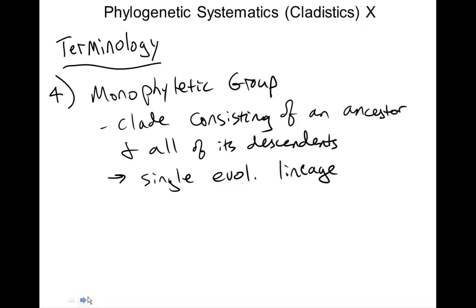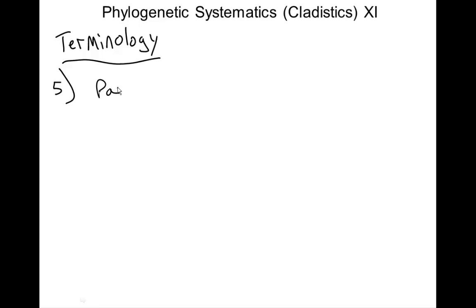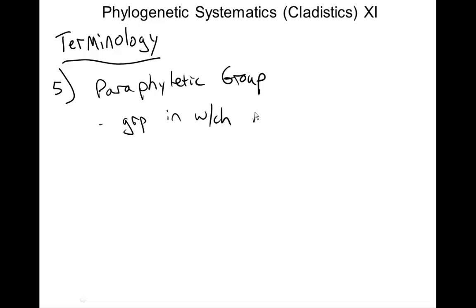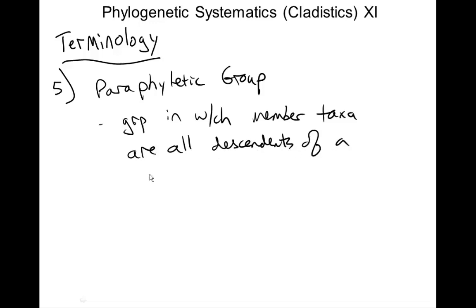We can contrast that with a paraphyletic group. In this case, we've got a group in which the member species, or member taxa, are all descendants of a common ancestor, as we had with a monophyletic group.